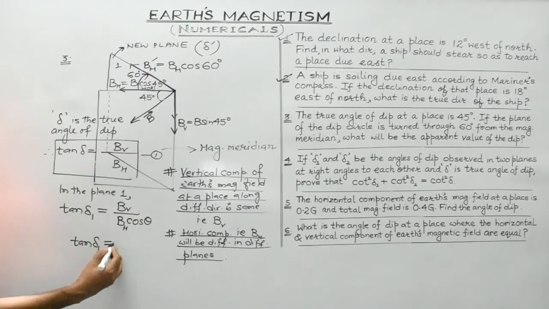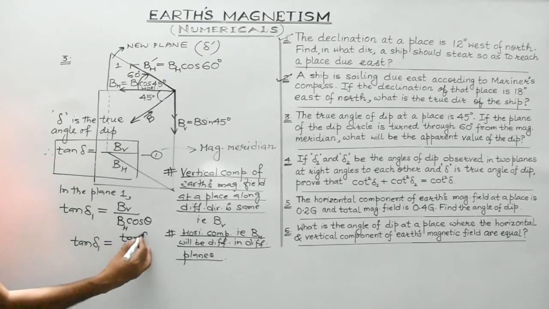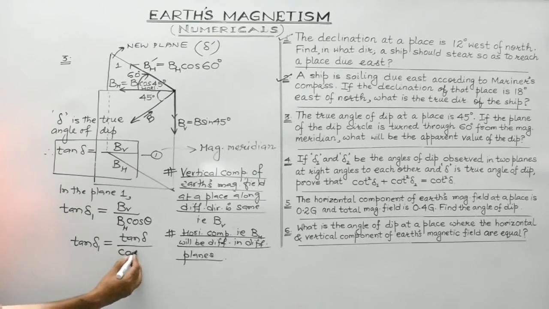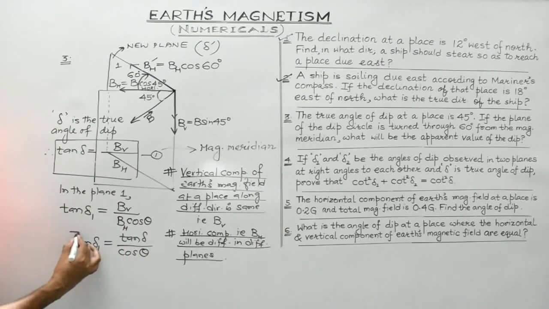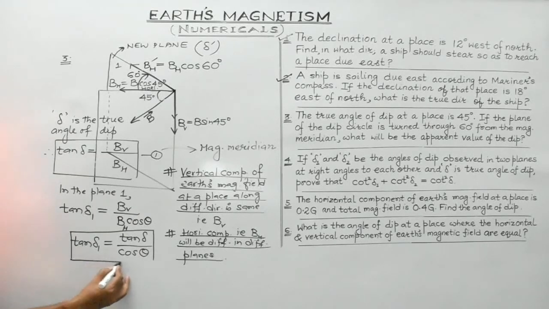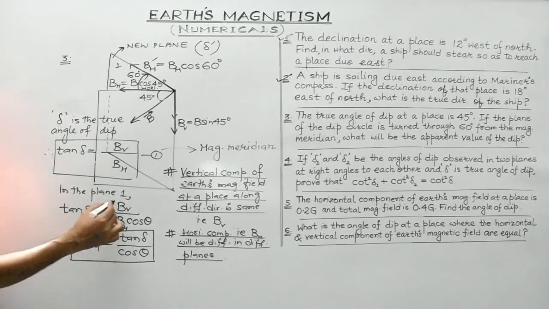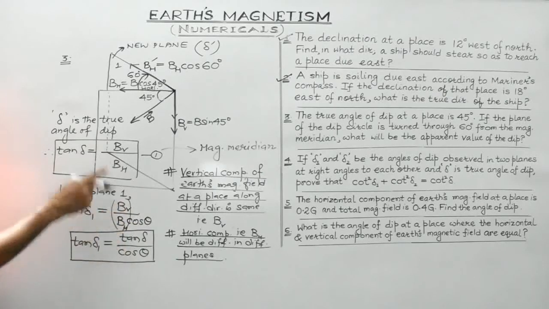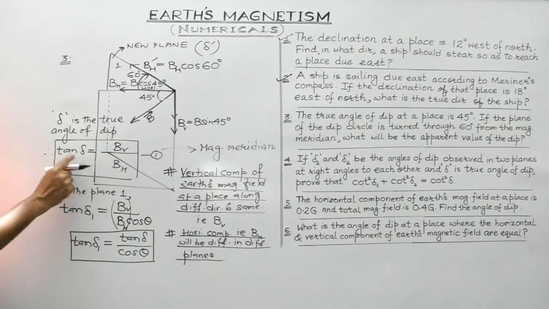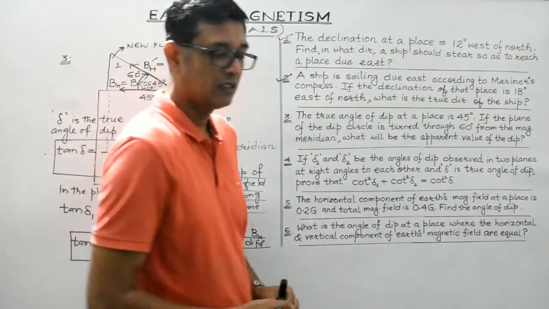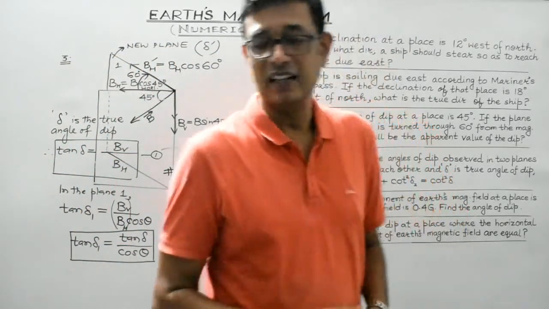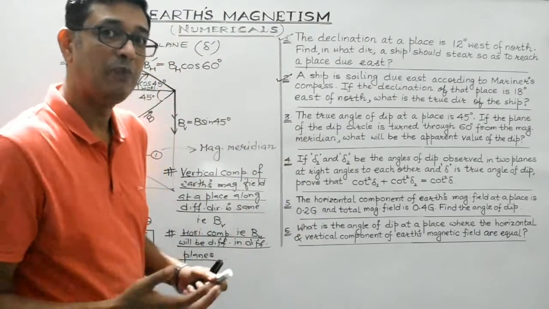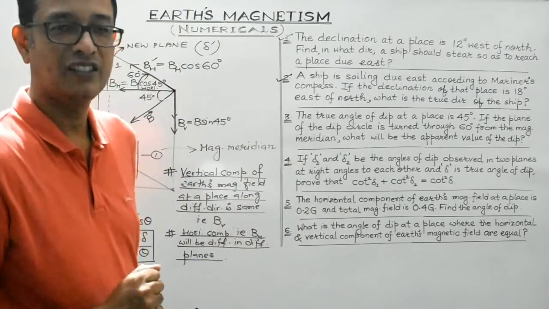So tan delta 1 will be equal to tan delta divided by cos theta. So students, from the MCQ point of view, you need to remember this particular formula, right? BV divided by BH is the tangent of the true value of the angle of dip. Again I repeat, students, the angle of dip is the angle which the Earth's total magnetic field makes with the horizontal, isn't it?